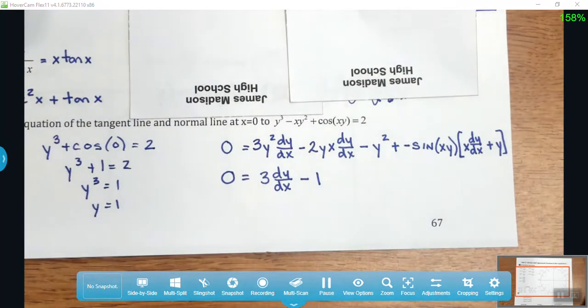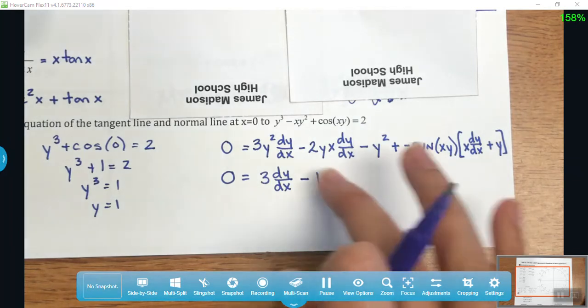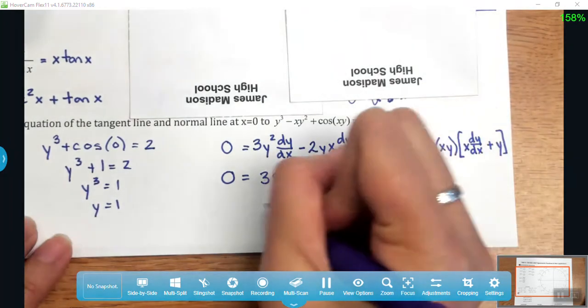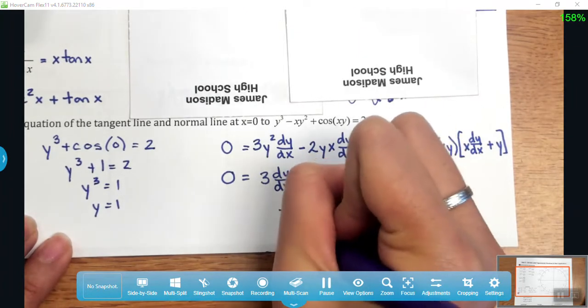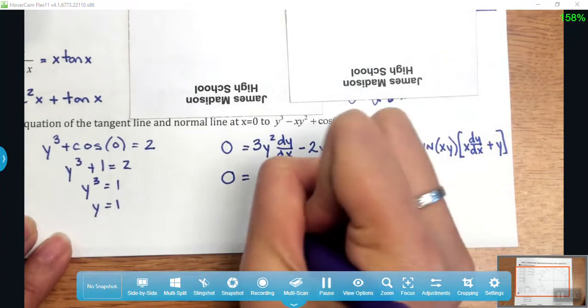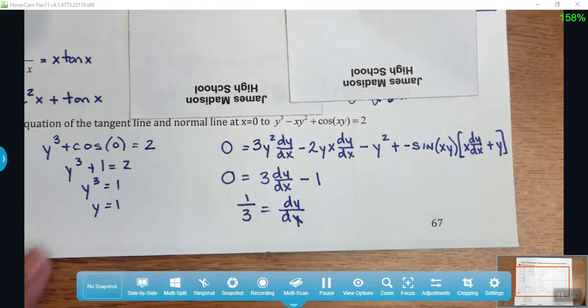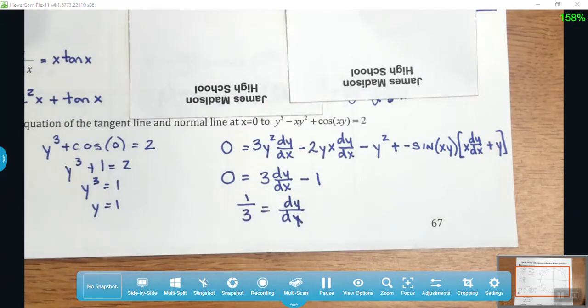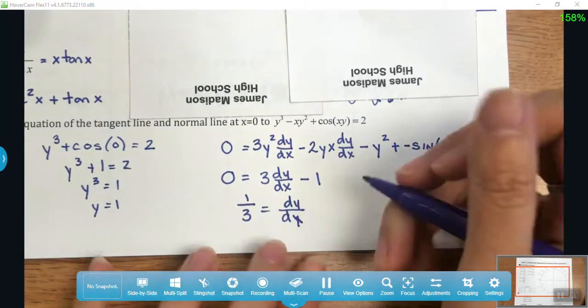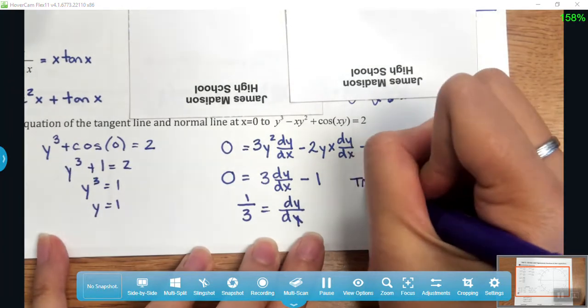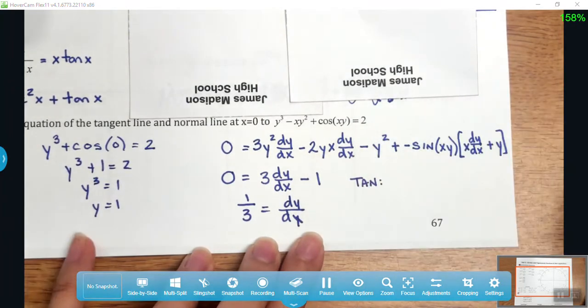So all I have is 3 dy dx minus 1 equals 0, and that's a lot easier to solve than to solve for dy dx here. So our slope is equal to 1/3, right? Yep.